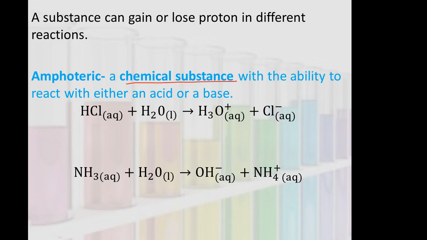In this example, I put these two examples here. We'll take a look at what is the actual amphoteric substance. In the first example, the hydrogen from hydrochloric acid is being donated to water. That means hydrochloric acid is obviously the acid here, and water is the base.